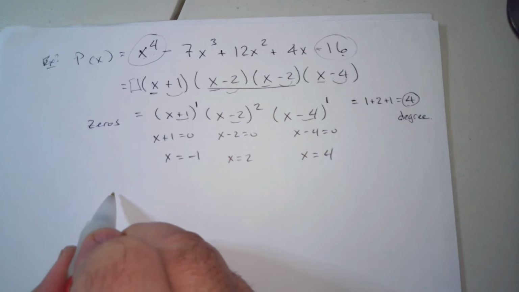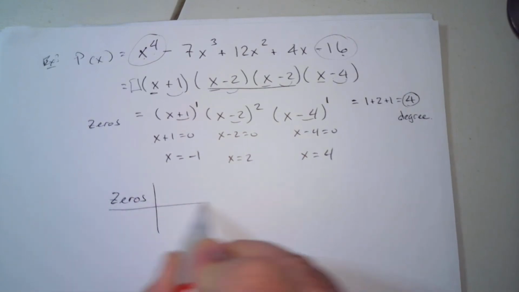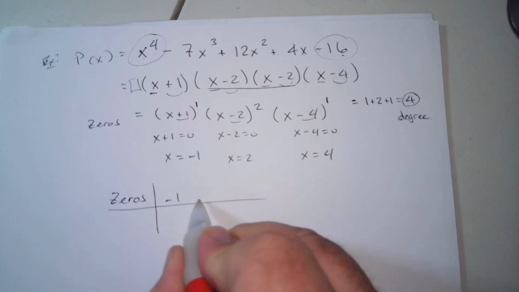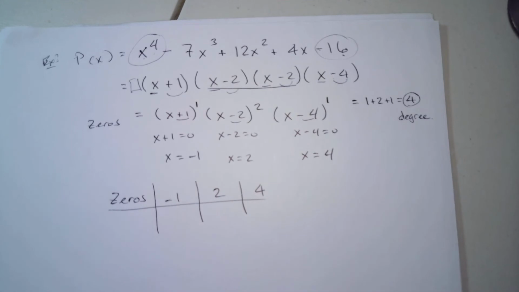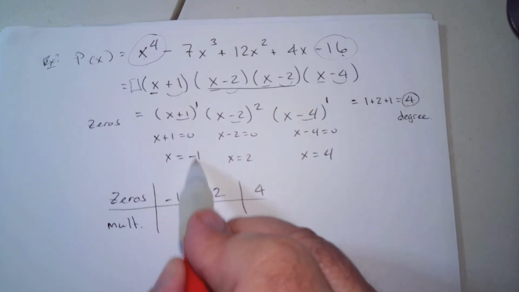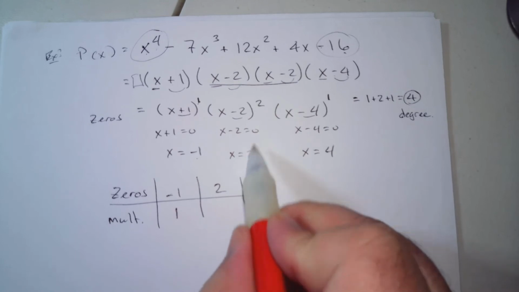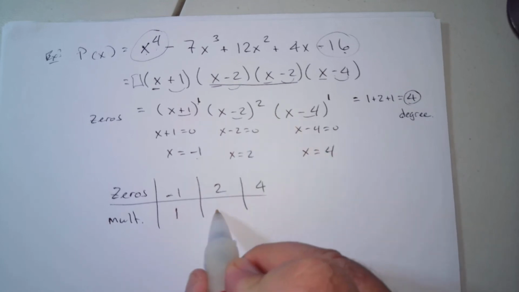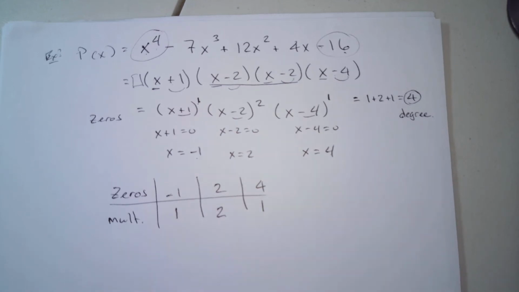So those are our zeros: negative 1, 2, and 4. Their multiplicities: negative 1 has a multiplicity of 1. 2 has a multiplicity of 2. And 4 has a multiplicity of 1.